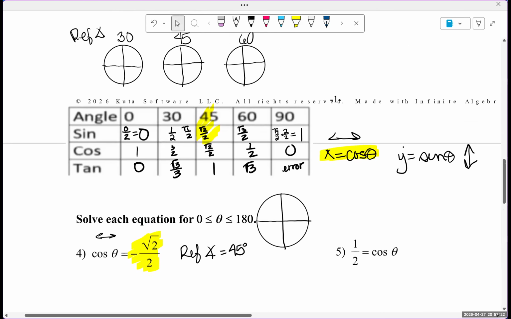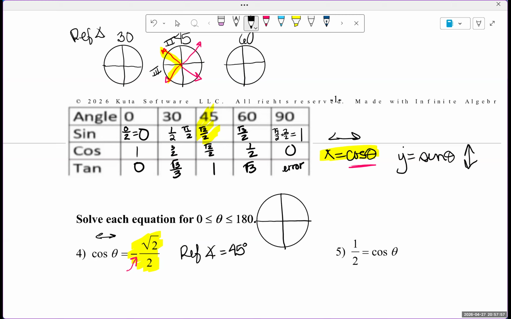Okay, so where are the 45s on our unit circle? Those go up the middle, right? 45-degree angles. Now, if cosine is the x and I want negative square root 2 over 2, can you see that the negative x values are in quadrant 2 and quadrant 3?